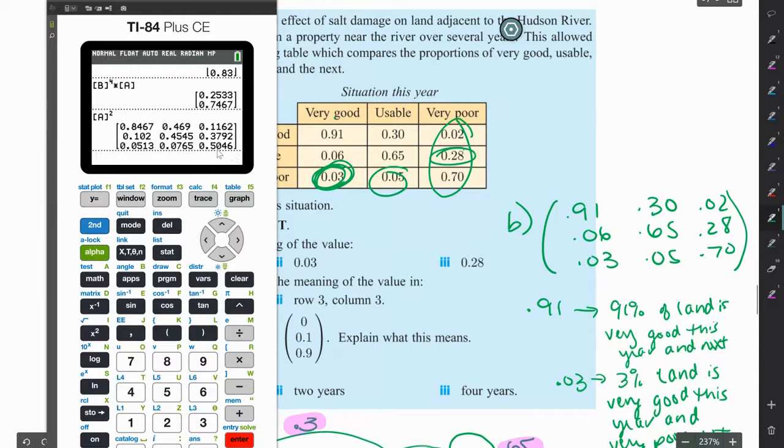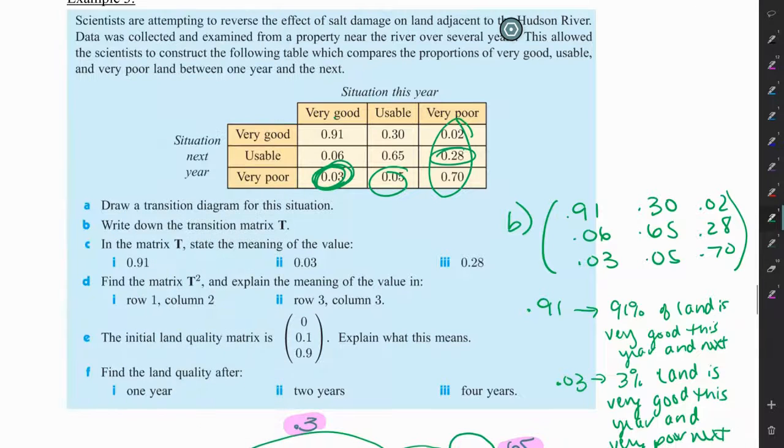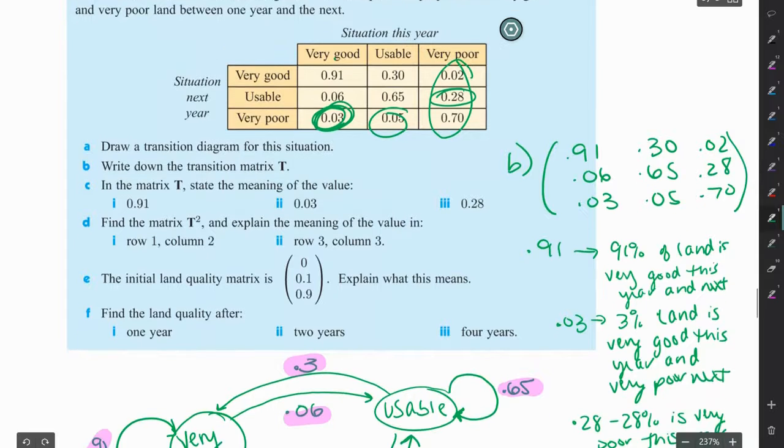And then down here, 0.5 means 50.5, if we round to 3 sig figs, 50.5% of the land that is very poor in year 2 will remain very poor in year 3. So that's what those mean. You can write those down. I'm not going to write those down.